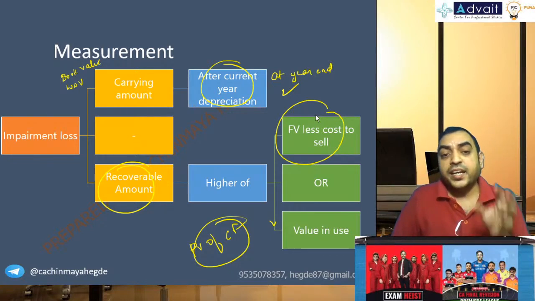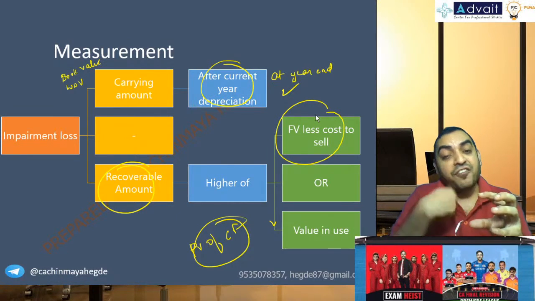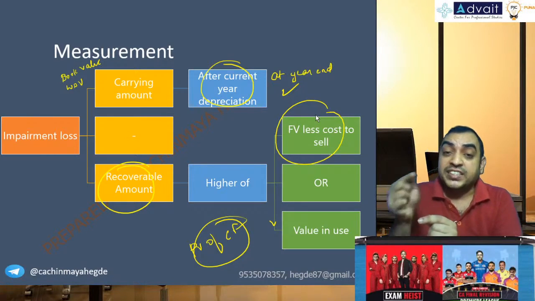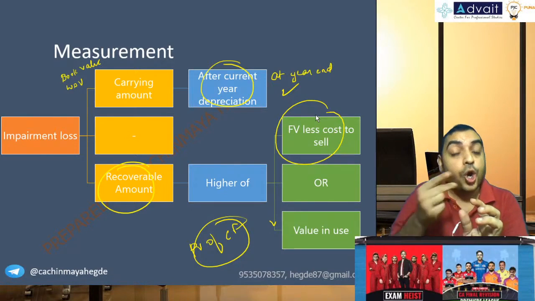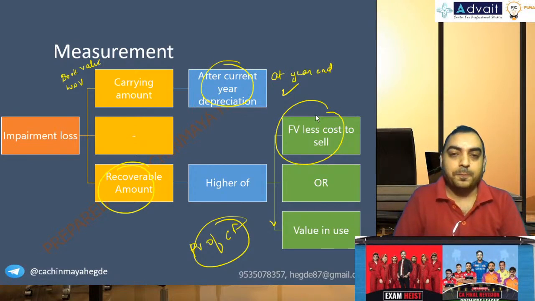So you calculate impairment loss as the difference between the carrying amount after current year depreciation and the recoverable amount, which is the higher of value in use or net selling price, or fair value less cost to sell. And this impairment loss goes to the P&L account. If you follow the revaluation model, you adjust against revaluation reserves.